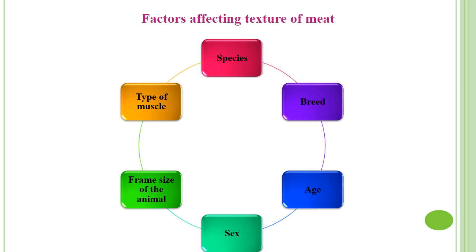Then sex, that is the difference between the male and female. Frame size of the animal, that is overall size or conformation, makes a difference in the texture. And also type of muscle, due to the activity or less activity, there can be a difference in the texture. So all these things briefly we are going to discuss.